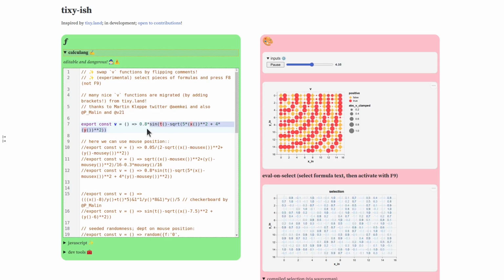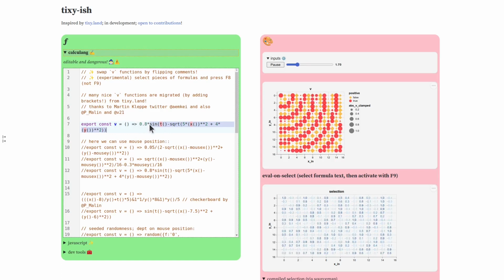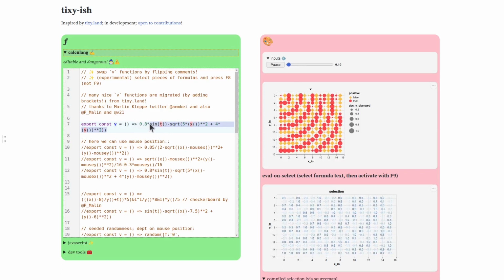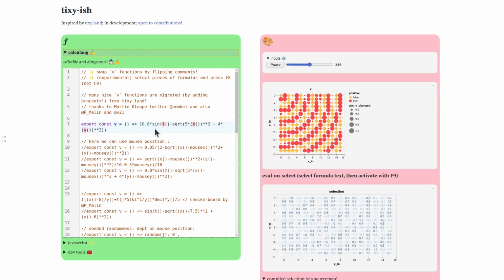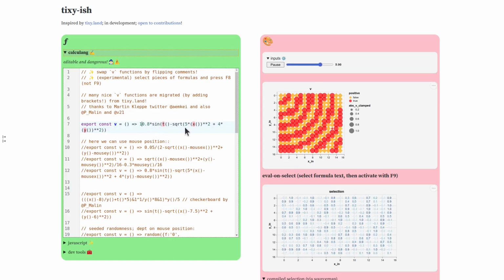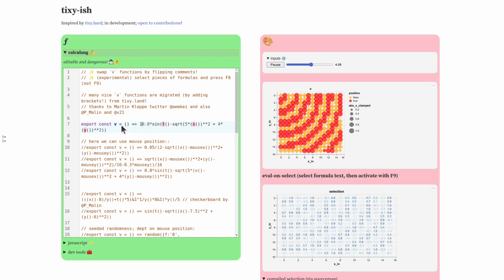And sine is often used for waves. 0.8 times that. Okay, well, 0.8 times that is just going to scale this down, and we could, for example, check what about 10.8 times that. Everything becomes bigger, apart from odd cases. Right.